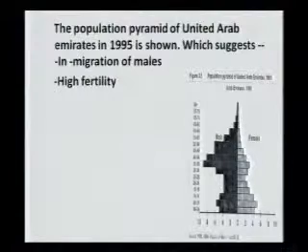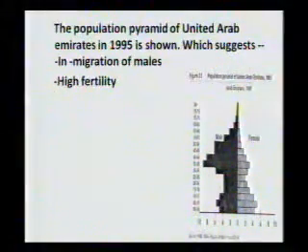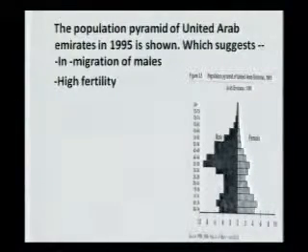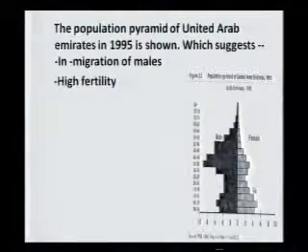And as I mentioned, this is the age-sex pyramid of the UAE, United Arab Emirates, which shows a substantial number of males who migrated in search of jobs. And you can see here that the male and female are not very different at younger ages. So that tells you the importance of age and sex in the study of demographic phenomena.